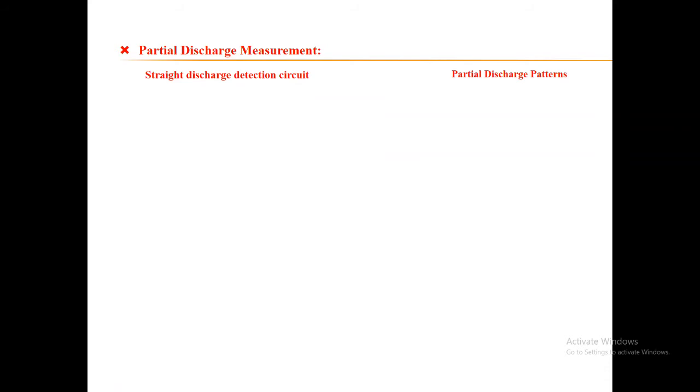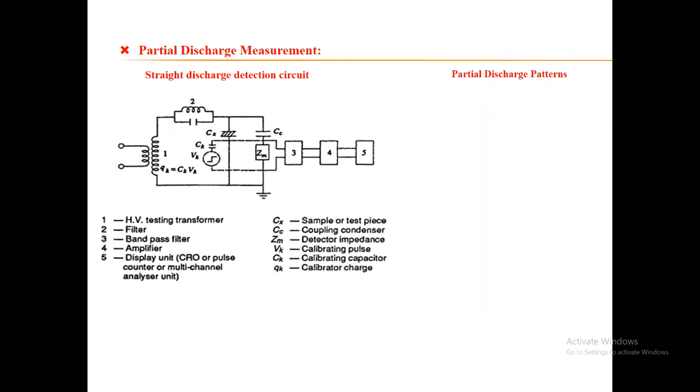So the discharge detection circuitry for the measurement of partial discharge is broadly used in high voltage laboratories to conduct the partial discharge test. This is the simple circuit arrangement for detecting partial discharge. One represents the high voltage transformer, which is free from internal discharges.